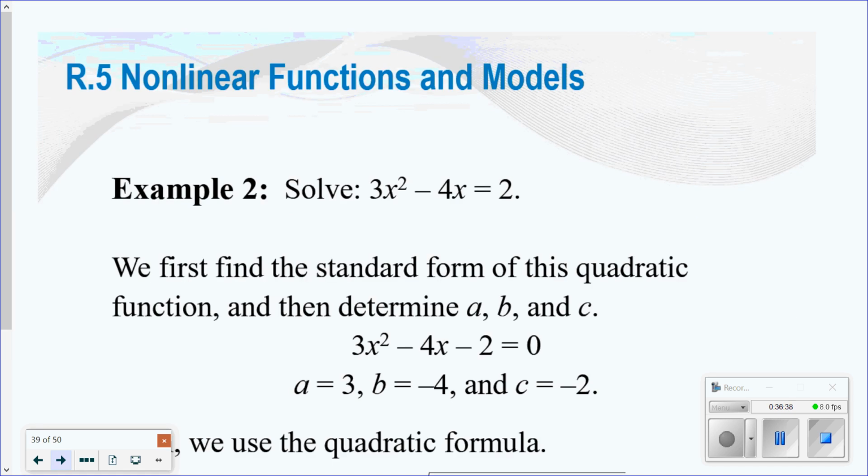Okay, when you cannot factor, for example, I happen to know that this one is not going to factor. Now, before you start, do remember this 2 has to get moved to the other side. So it should look like this before we start. The whole thing needs to be set equal to 0. A is 3, B is -4, and C is -2.